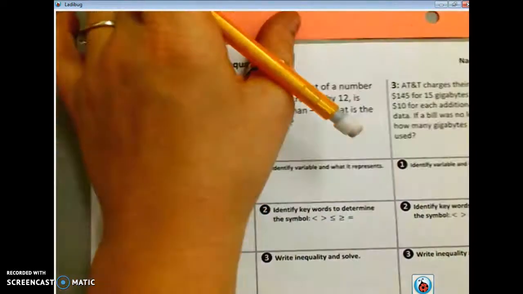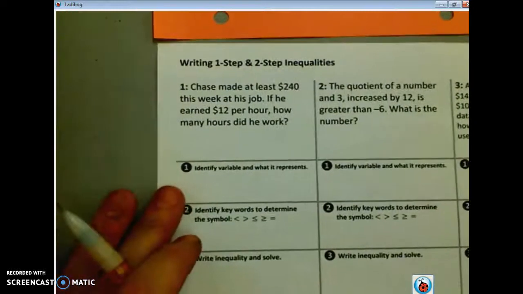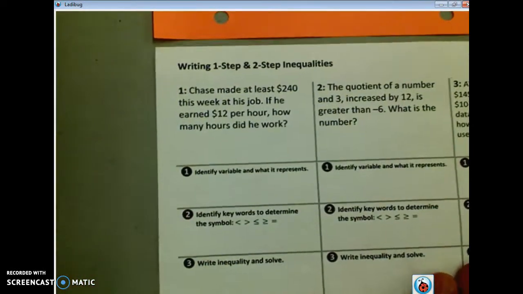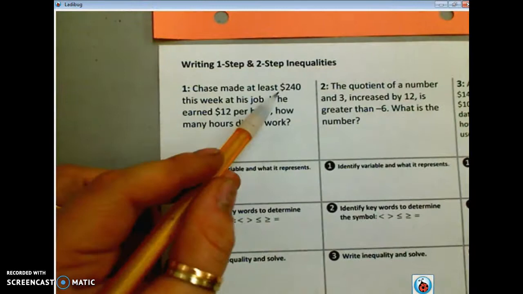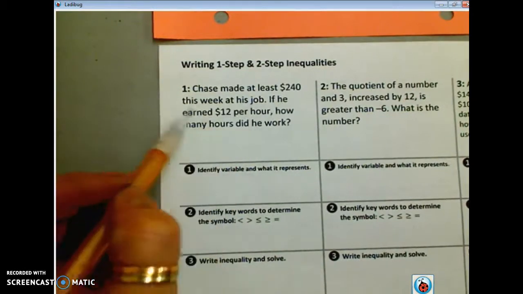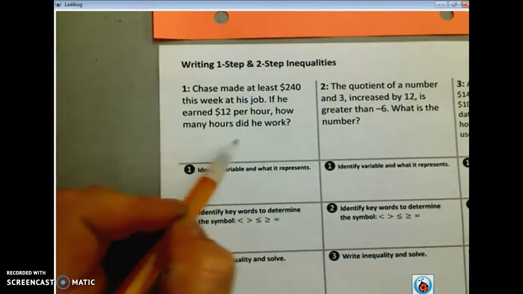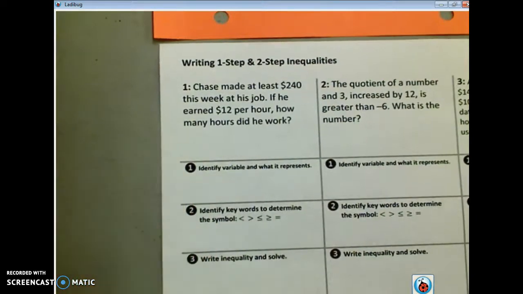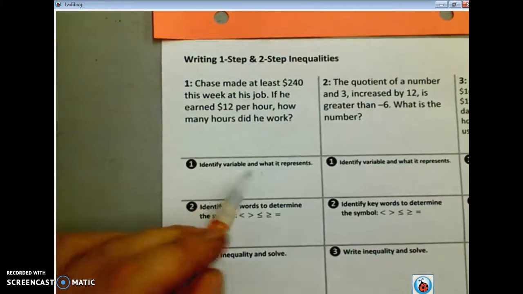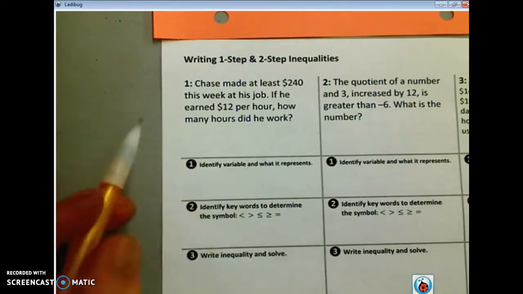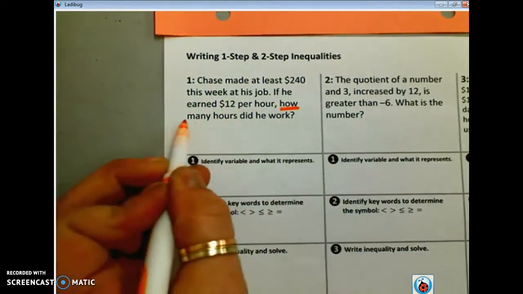I'm just going to keep my words up top and reference them as needed. We have: Chase made at least $240 this week at his job. If he earned $12 per hour, how many hours did he work? Always read through the problem first, then identify the variable and what it's going to represent. If we go back up to the question, it says, how many hours?